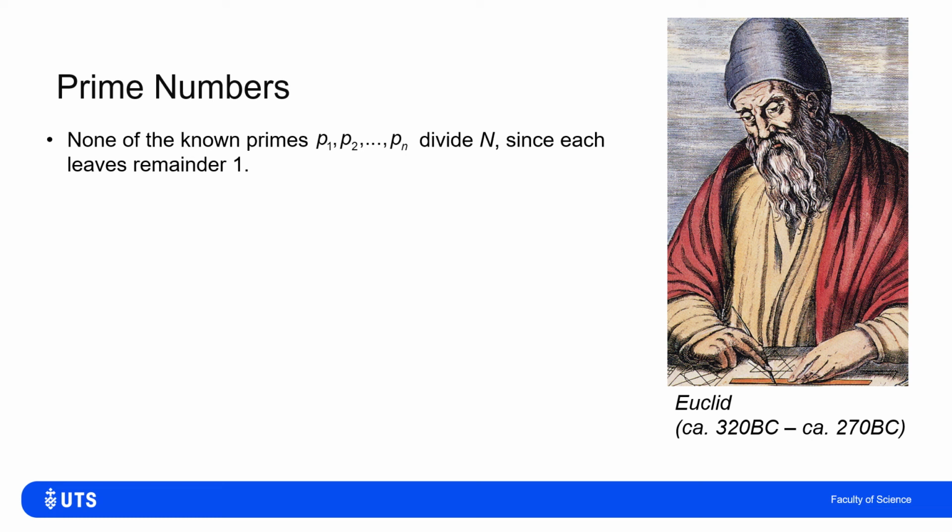Critically, none of P1, P2, up to Pn divide N, because by definition, our new number, capital N, is one larger than a multiple of all of these primes. So if I divide by any of these primes, I get a remainder. So it's not divisible by any of the prime numbers.